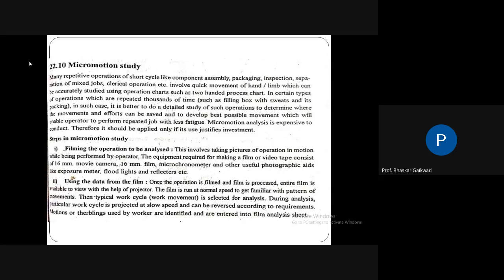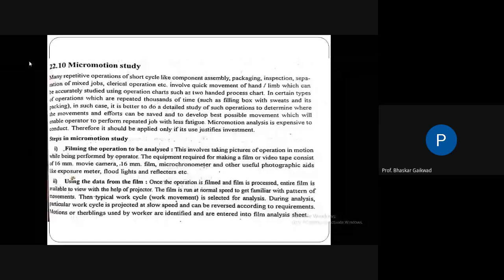Many times unnecessary activity is happening on the shop floors, and that is in microns, very small. It is very difficult to observe such activity. We can note it under the micro motion study. And while doing this, we can think about any fatigue to the operators or not.